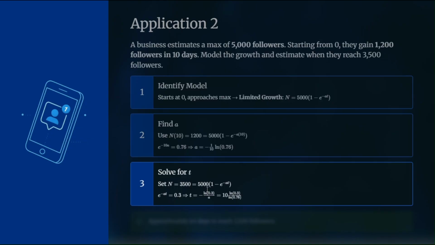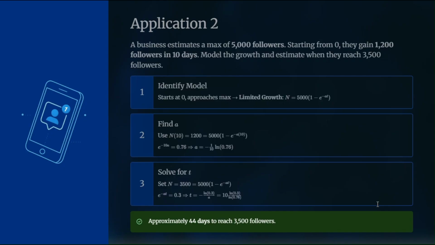And then if we subtract from 1, that will be 0.3. So e to the power negative at will be equal to 0.3. And in order to solve for t, once again, we'll need to take the natural logarithm on both sides and divide by a. So t will be equal to 10 times ln 0.3 divided by ln 0.76. And that will be approximately 44 days.